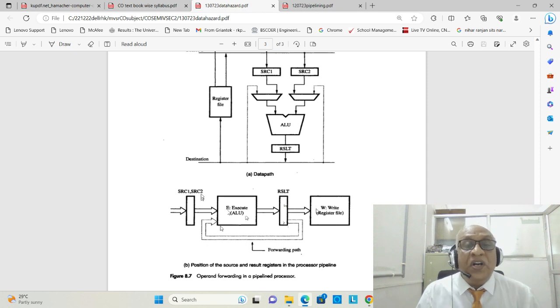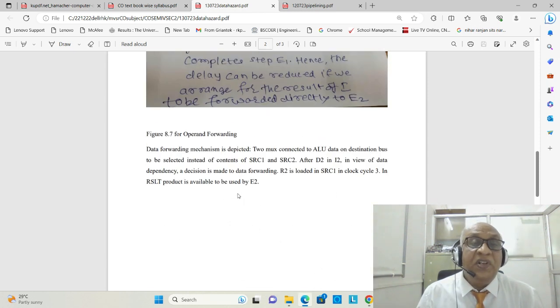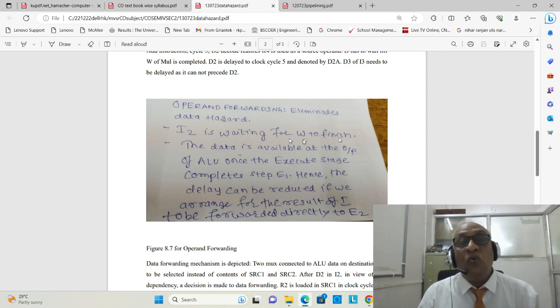Now, what is the meaning of this data forwarding or operand forwarding mechanism? Let us say I2 is an instruction waiting for W to finish. Now, in this case, I2 need not wait for W. There is an alternative method. What is that alternative method? The data is already available at the output of the ALU.